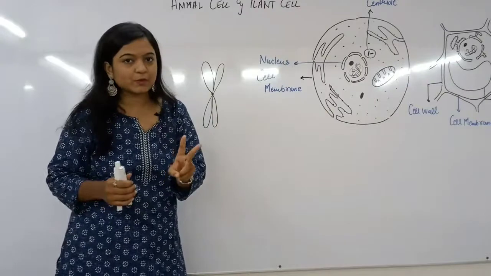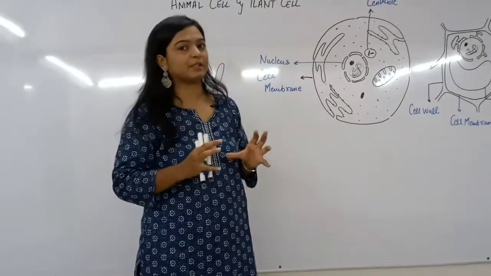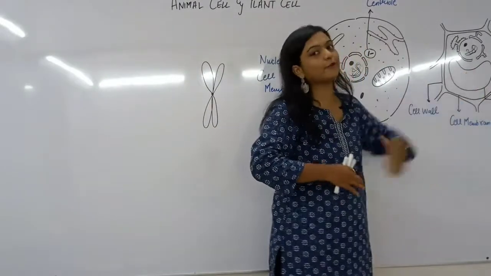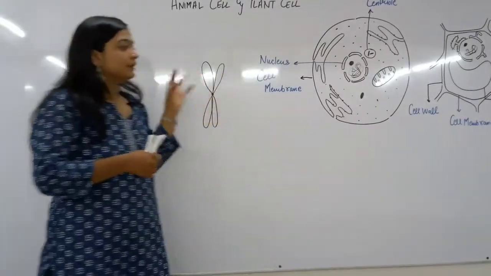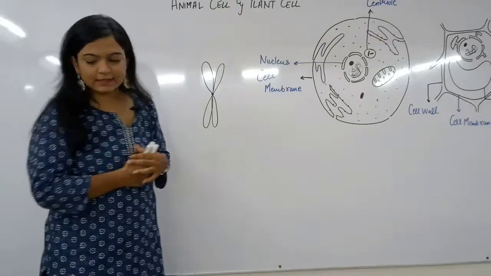So another distinction between the two is that in animal cells the nucleus is central, whereas in plant cells you have a central vacuole, therefore your nucleus gets pushed onto the periphery. These are some of the basic differences between a plant cell and an animal cell.